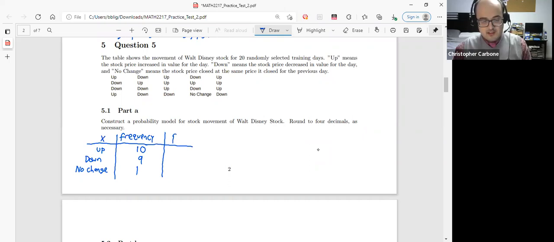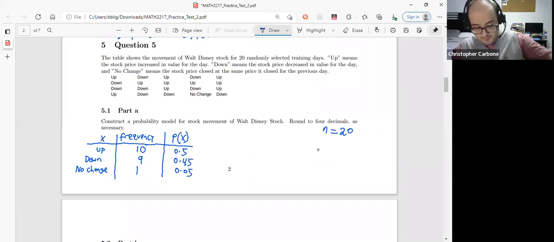And we need each associated probability, rounding to 4 decimals as necessary. The total number was 20, so you divide each of these frequencies by 20. 10 divided by 20 is a half, or 0.5. 9 divided by 20 is 0.45. And 1 divided by 20 is 0.05.